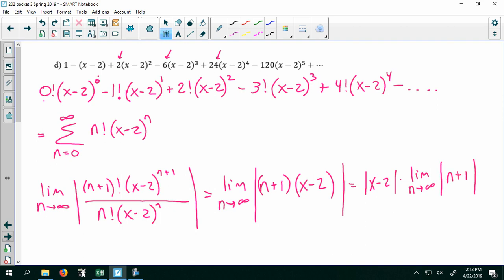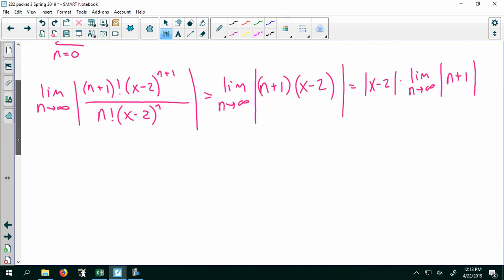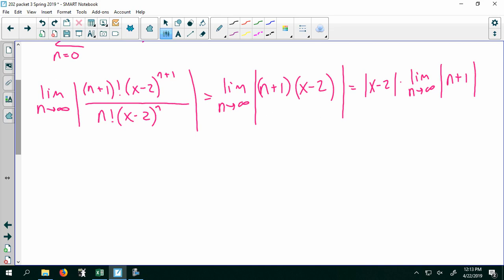Okay, now I have to make this be less than 1. This ratio I have to force to be less than 1. So let me write it again. This is the absolute value of x minus 2 times the limit as n goes to infinity of n plus 1. That is infinite. I need that to be less than 1.